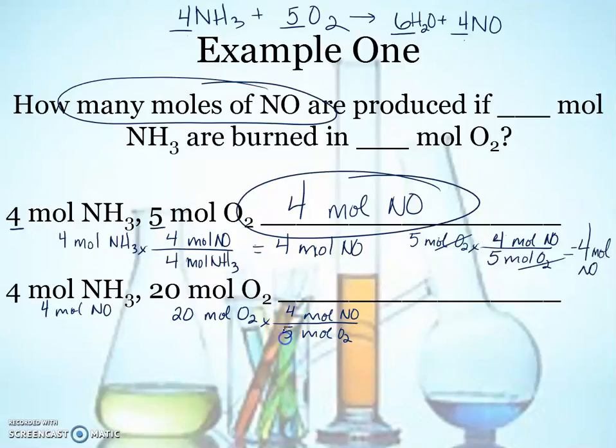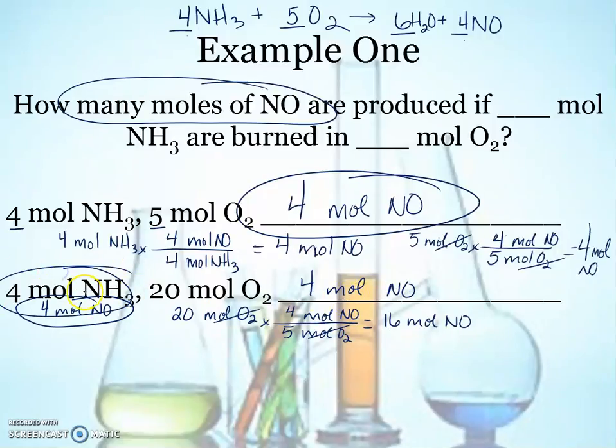We put 4 and 5, and this will end up giving us 80 divided by 5, and that gives us 16. Sorry, I had to think about that one for a second. All right, so this one gives us 16, this one gives us 4. And based on this is how much we're going to make. We can't make more because we don't have enough parts, right? So this is our limiting reactant.